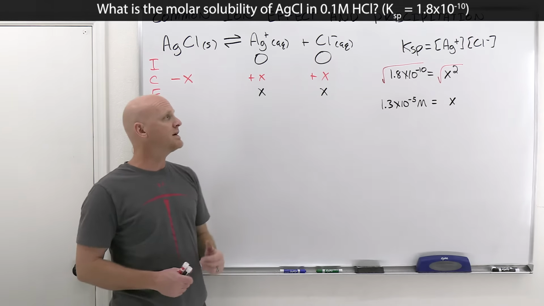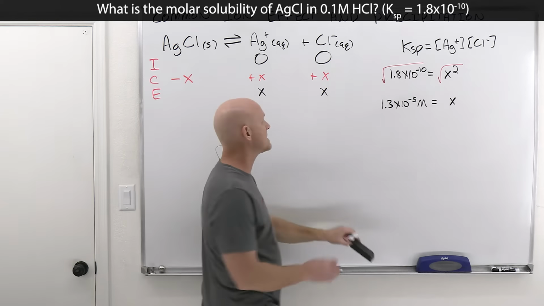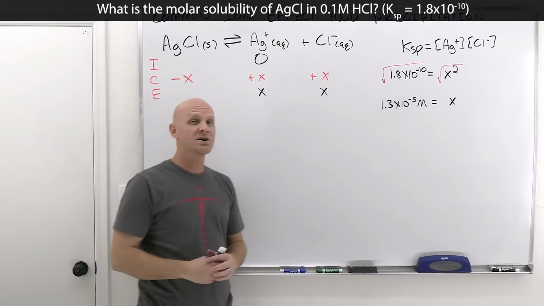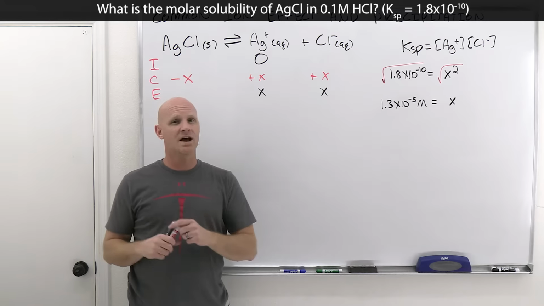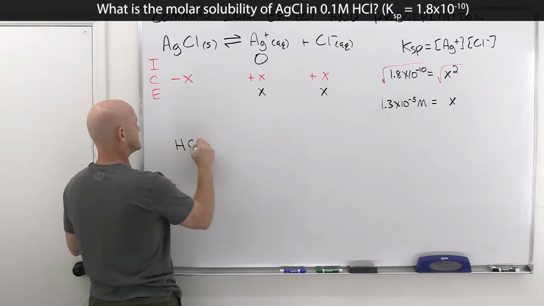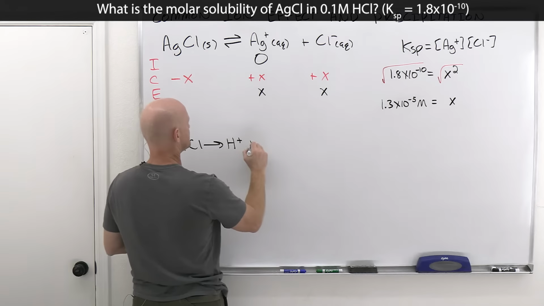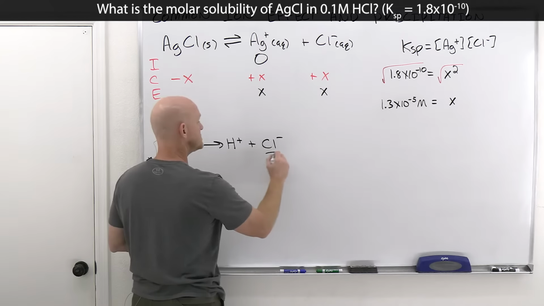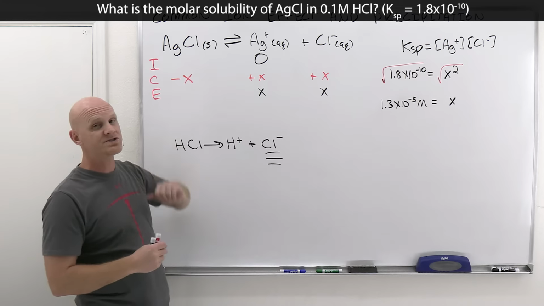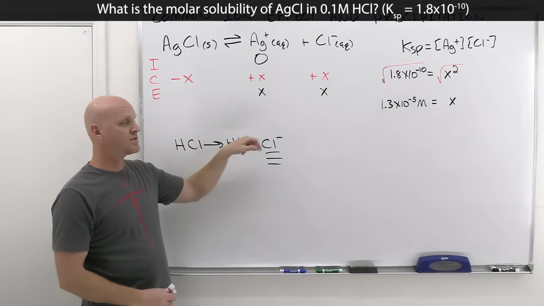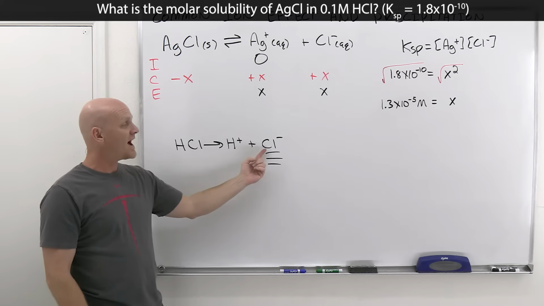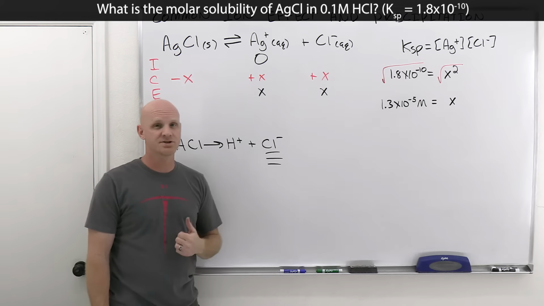Well, now the big thing that's going to change is that because we've got HCl in the solution, you have to remember that HCl is a strong acid, one of the examples of a strong electrolyte. When HCl dissociates completely, you get H+ ions, and I don't really care about that, but you also get chloride ions. It has something in common with our salt of interest. Because it dissociates completely in a 1-to-1 ratio, 0.1 molar HCl is going to have a 0.1 molar chloride concentration.